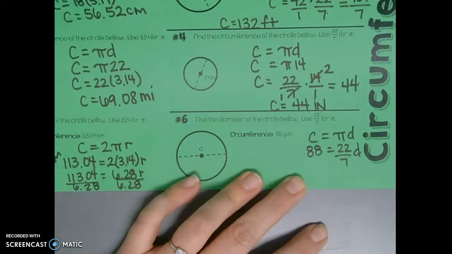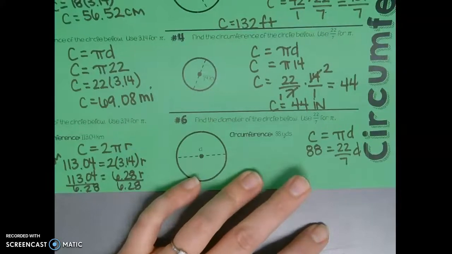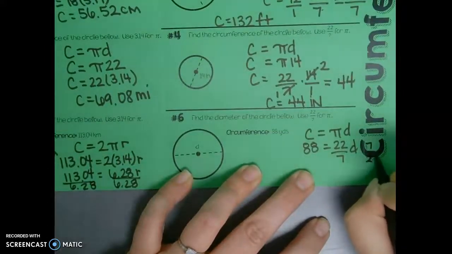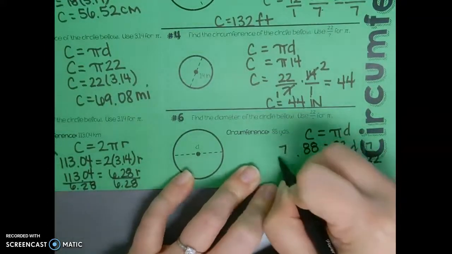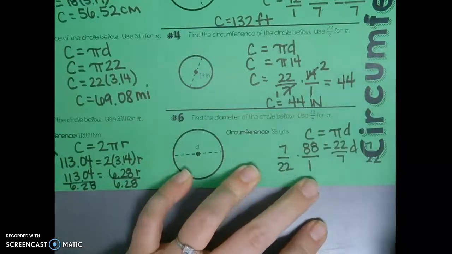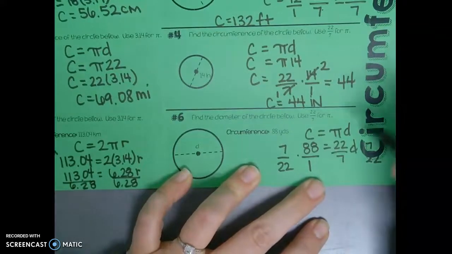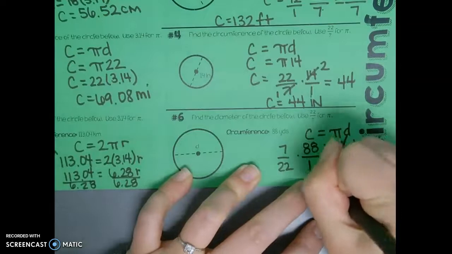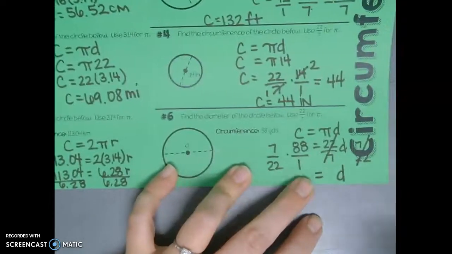Now remember, when we divide a fraction by a fraction, we're actually multiplying by the reciprocal. So what we would think about is to do 7 over 22 on this side and 7 over 22 on this side. And remember, I can make any number a fraction as long as I put it over 1. So on this side, I'm just left with my diameter. And then I've got to do some work over here, okay?